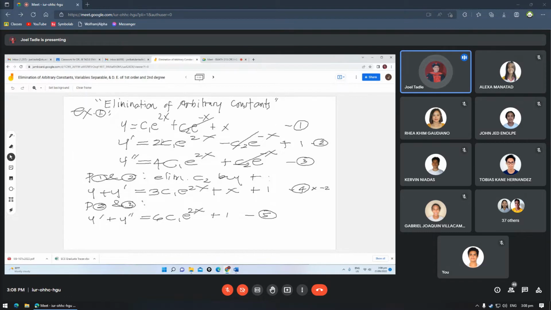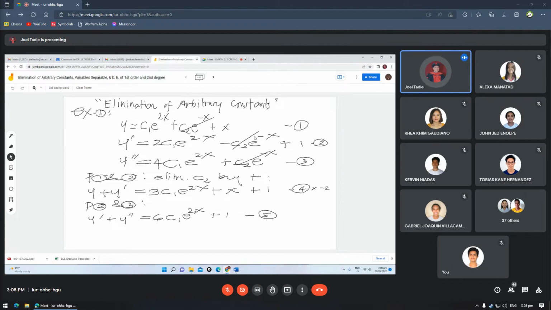Why is that? Because our u here is 2x. So we differentiate 2x, and the result is 2. Then we multiply it by the constant c sub 1. So that's why we have 2c sub 1, then copy e to the power of 2x.